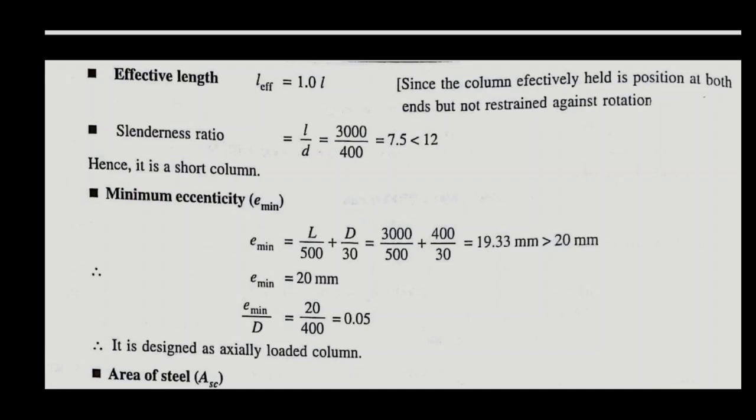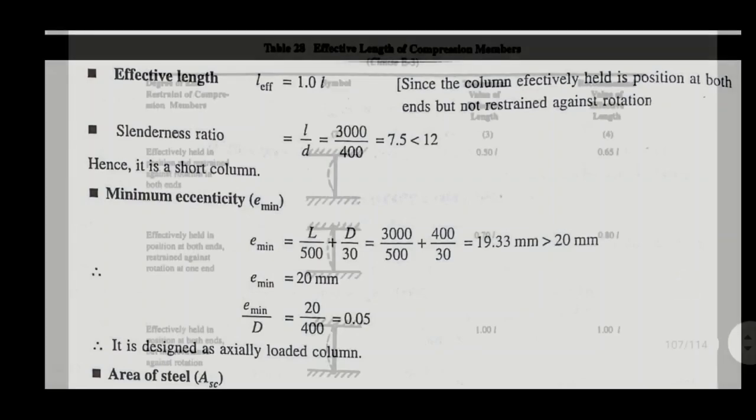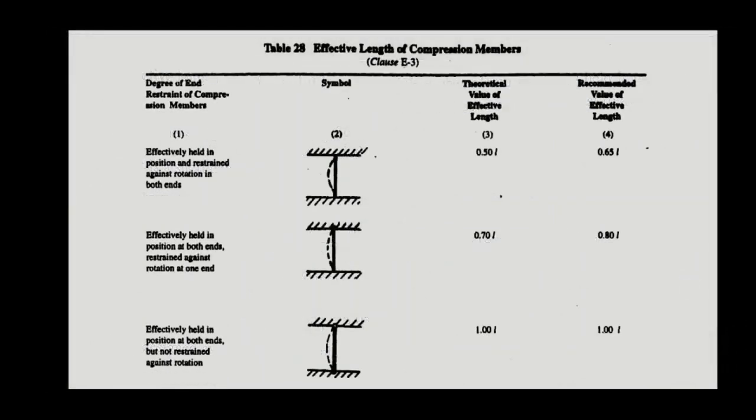Let's check Table number 28 of IS 456-2000. In Table 28 we have to find out our end condition. You can see in the extreme left, column number 3 is our end condition.